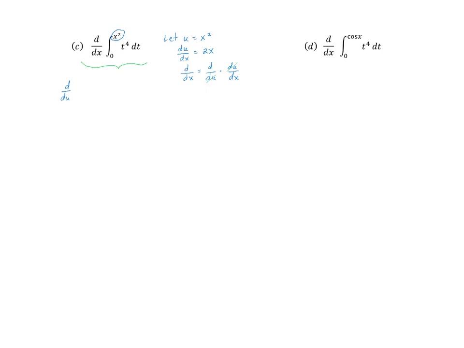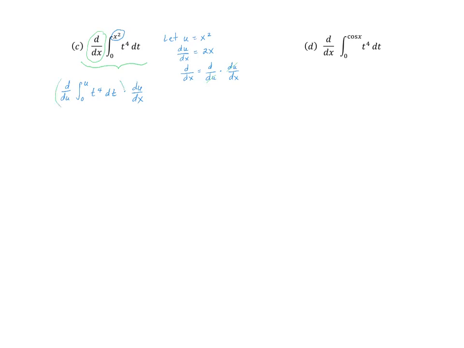Now remember, what I'm doing is just replacing the d over dx. So I'm going to take the derivative with respect to u of my integral from 0 to u of t to the 4 dt, and I'm going to choose to put the du over dx at the end, which I can do since it was multiplication.